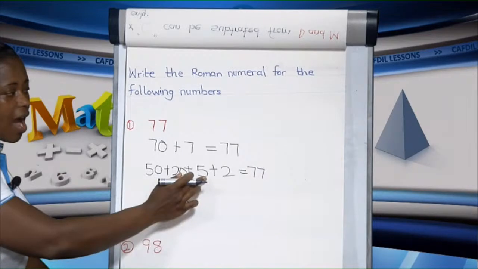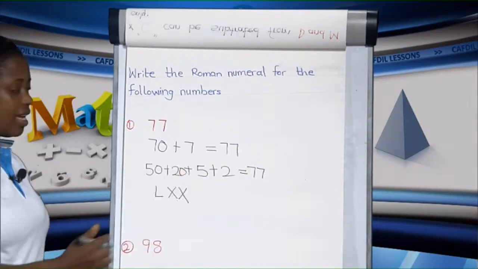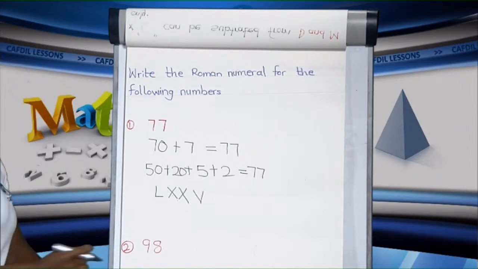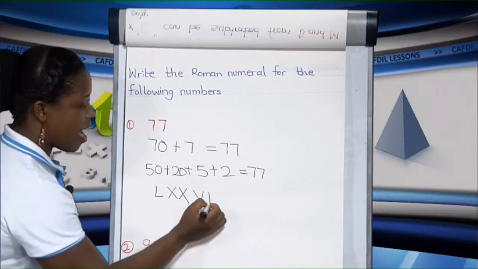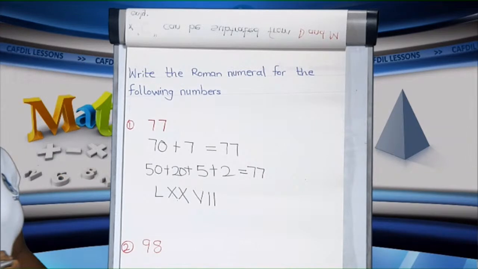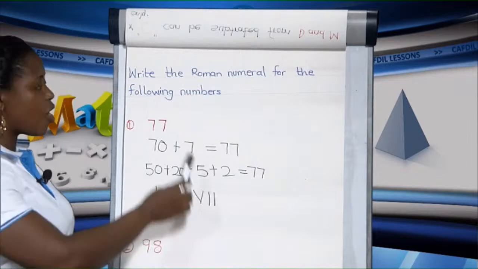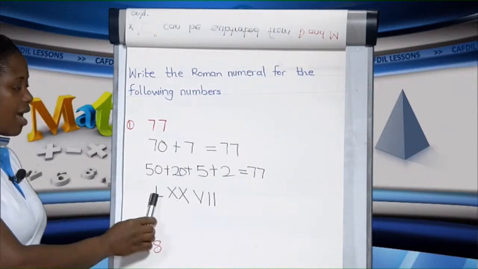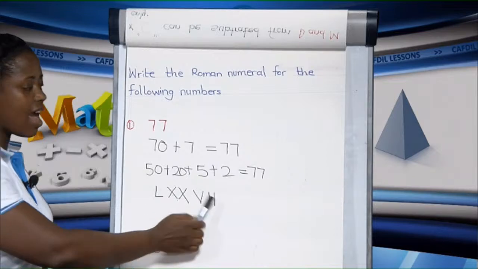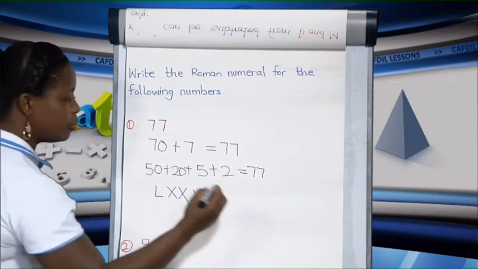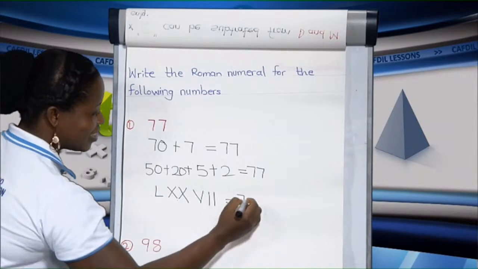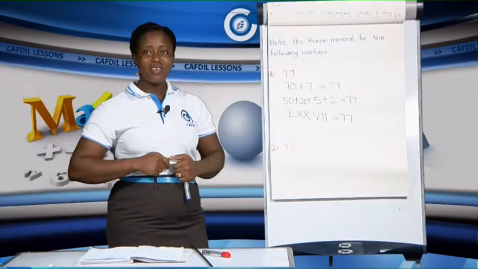And then 5, the symbol is V. Now 2. We know I to be 1, so we can repeat I. So it's going to be II. This is the Roman numeral for 77. LXXVII is equal to 77 in the Hindu Arabic numeral.